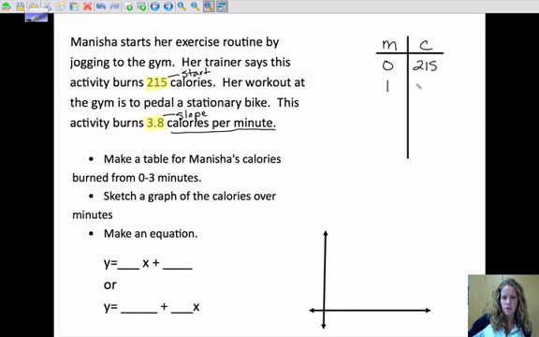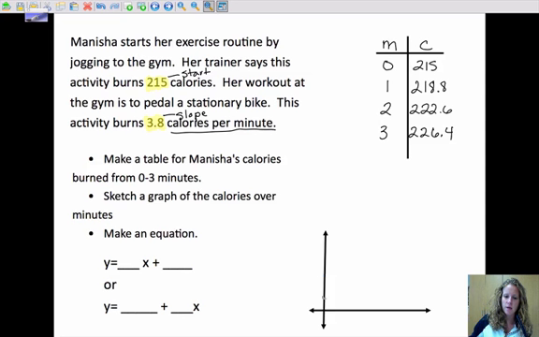At 1 minute, she'll have burned 218.8, because I know 215 plus 3.8 is 218.8. At 2 minutes, she'll have burned 222.6 calories, and at 3, she'll have burned 226.4, I believe.